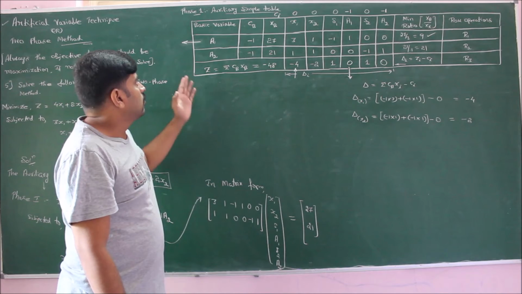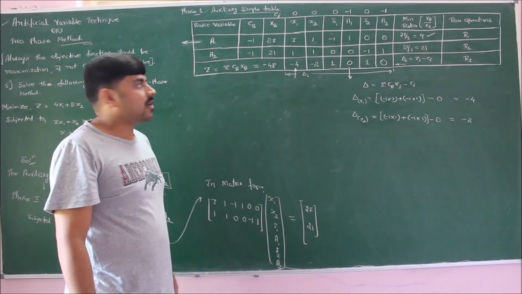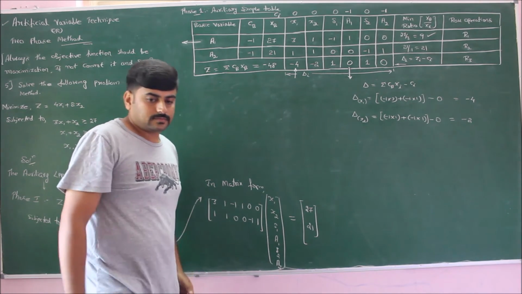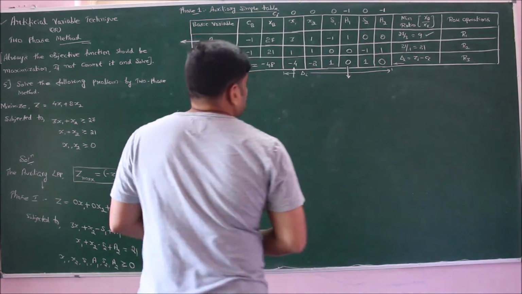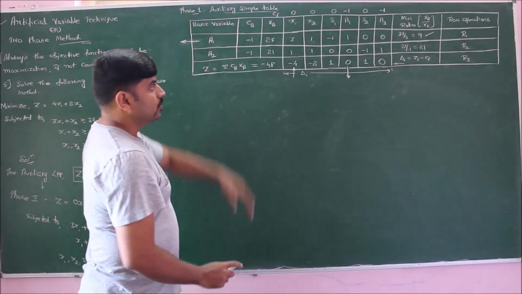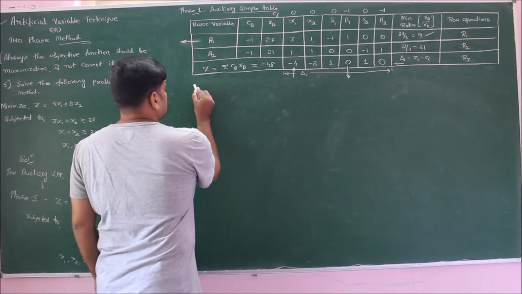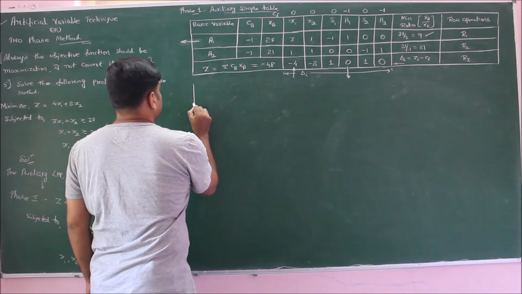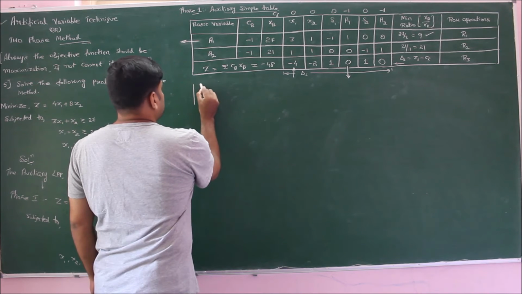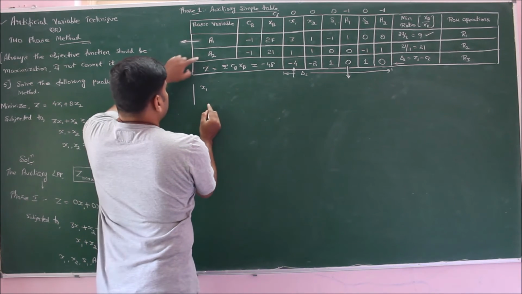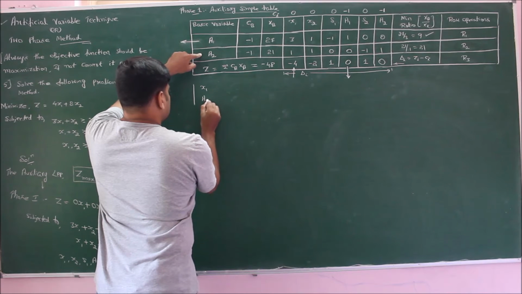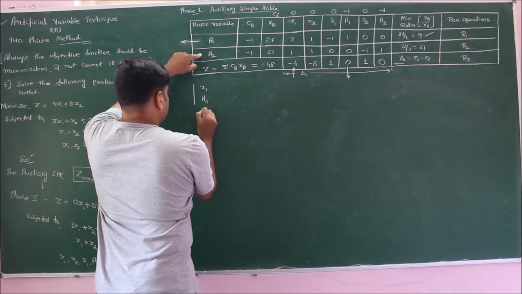Now let us move on to the second table of phase 1. Moving to table 2, in the basic variable x1 is coming in and a1 is moving out and a2 is unaltered, and I should find the value of z.